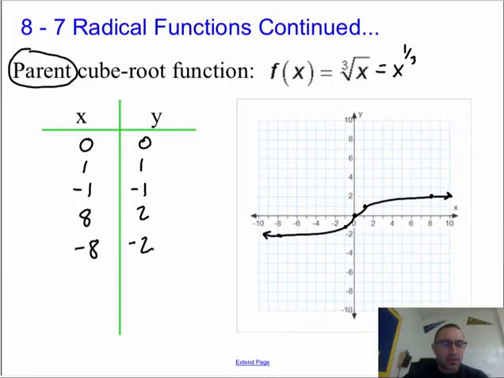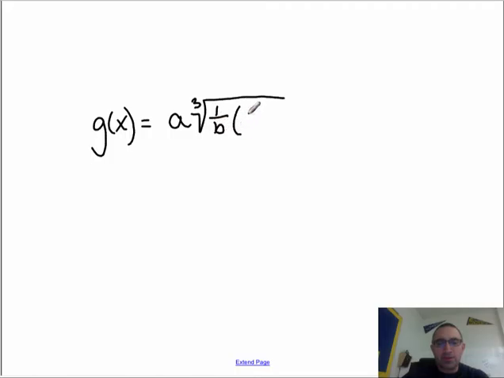I'm going to put in a new slide that you don't have, but I want us to talk about it, just a quick reminder of our rules for transforming functions. They still hold true for the cube root function. All right, one change.